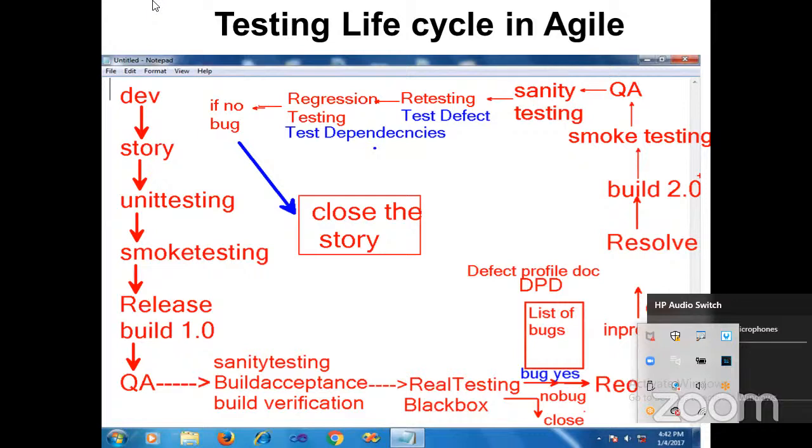If any bugs are identified, then they prepare one document called DPD, defect profile document, and they will keep the list of bugs in that particular document.